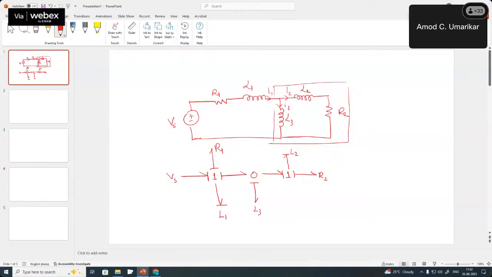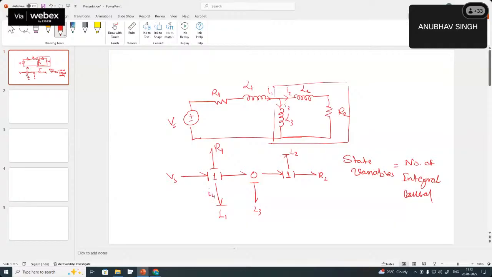Now, if I show you this bond graph directly instead of the circuit, how many state variables are there? The number of state variables is equal to the number of integral causal elements. Which are the integral causal here?